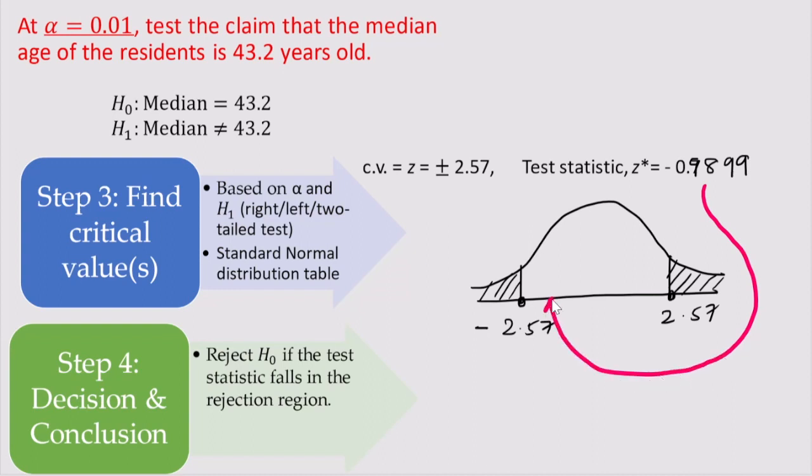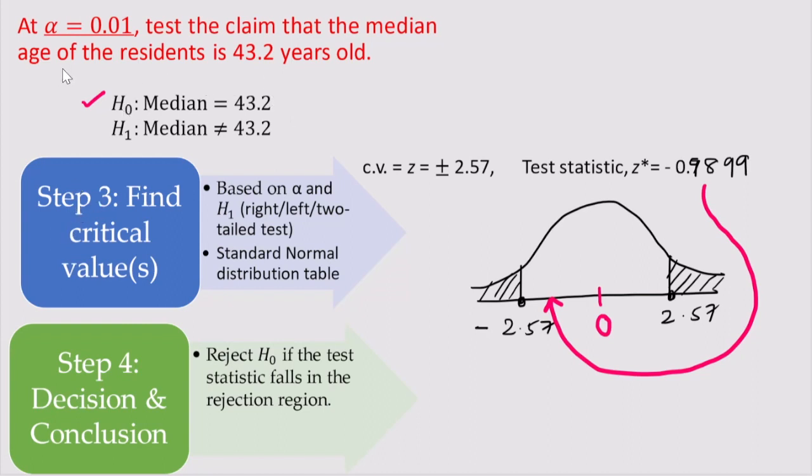It falls somewhere over here, and this is 0. Okay, and so we would not reject the null hypothesis. Okay, so we could conclude that the median is equal to 43.2.